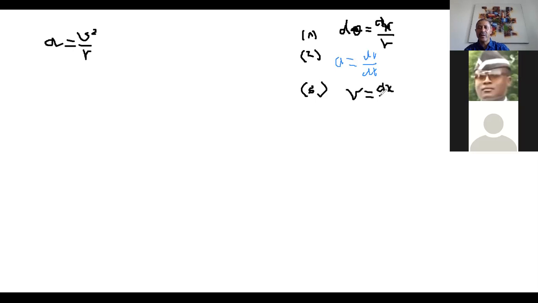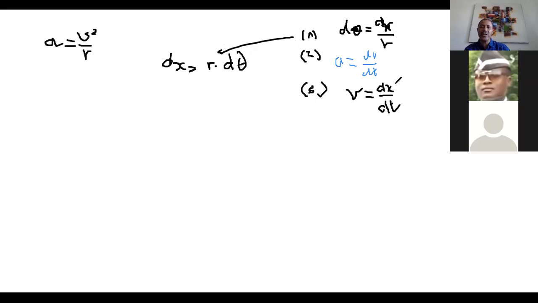Fantastic. Okay, let's do some substitution. Can you replace the dx from here? Of course, yes. So dx is r times d theta.